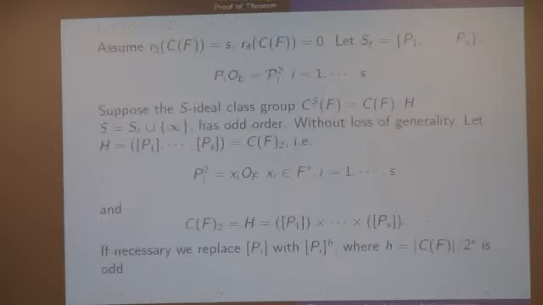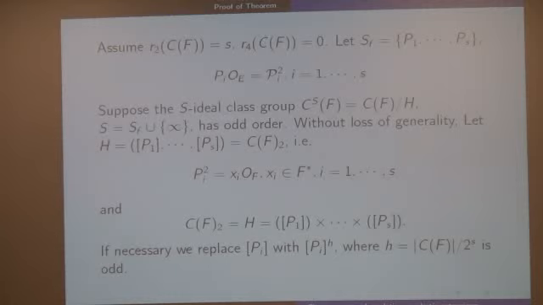First, we recall the main result. Assume R2 CF equals to S, R4 CE equals to 0, that SF equals to P1 PS, PI OE is equal to P square, PI square.